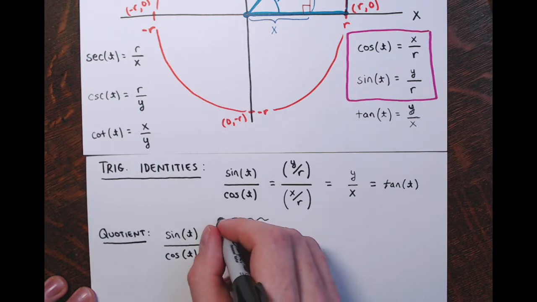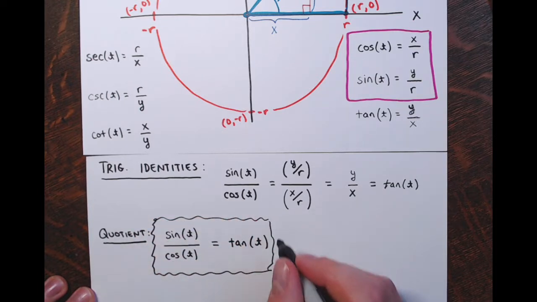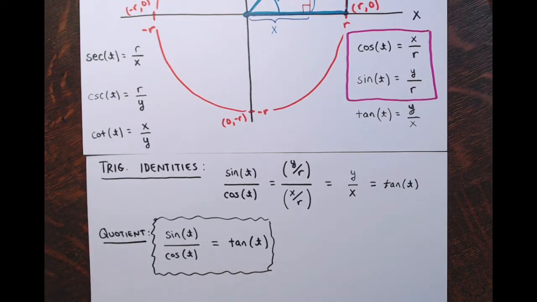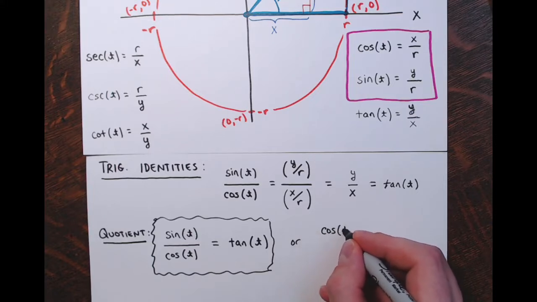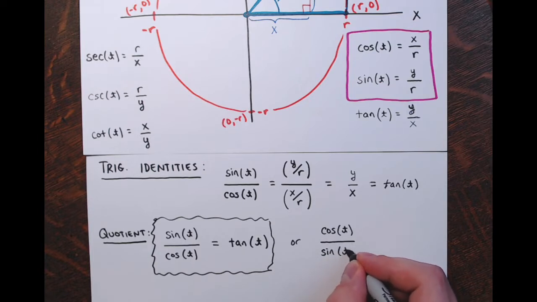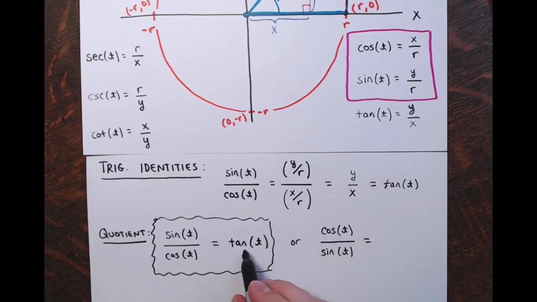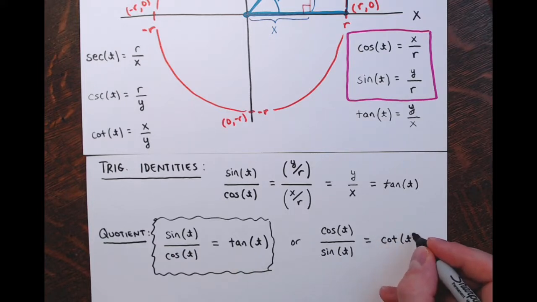Okay, that's a big one. And if you take the reciprocal of both sides, flip this over, you'd have the cosine of an angle divided by the sine of that same angle will be equal to the reciprocal of tangent, which is cotangent of that angle.